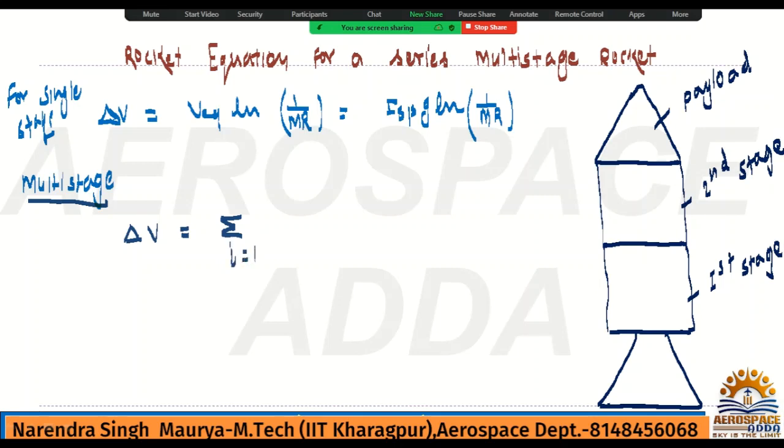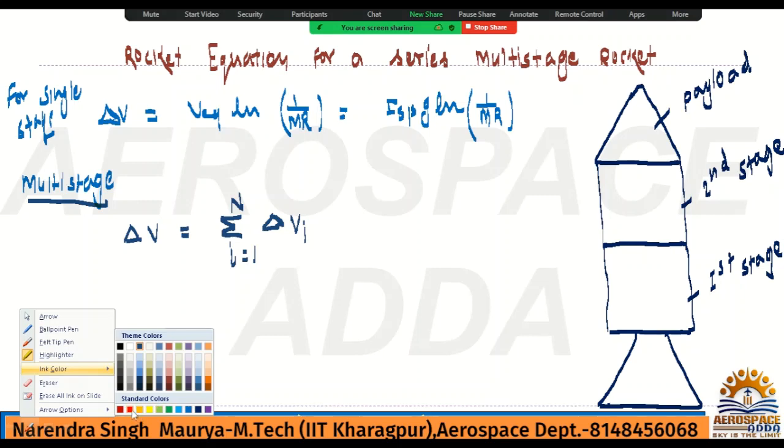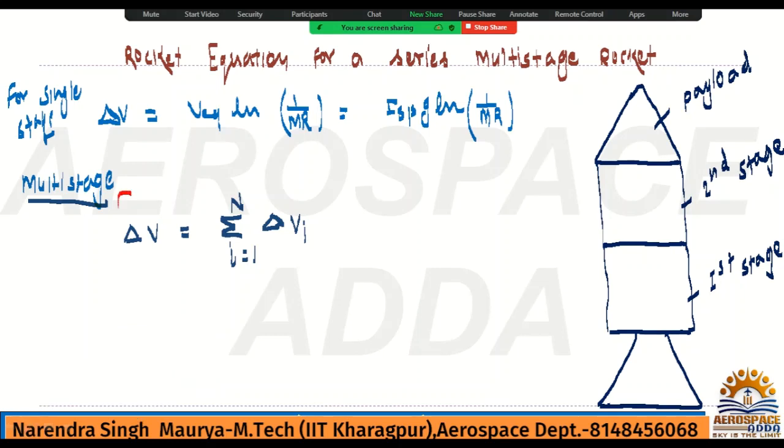I is equal to 1 means started from single stage to n number of stages. Capital N is the number of stages, and this delta V I means for all stages you need to calculate this change in velocity and algebraic sum. Summation means here this symbol it is used, so this is what algebraic sum. So you add all and then finally you will get for multi-stage.